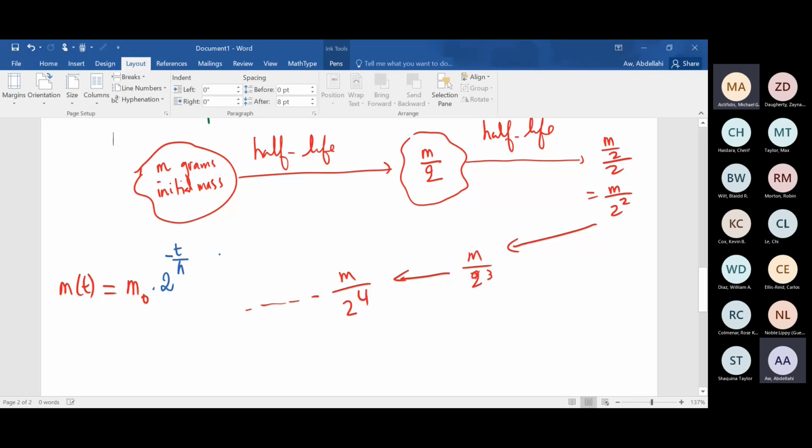The h is the half-life. You see here, you have one half-life h, this is 2 to the 1 power. And here we have two half-lives, it's 2 squared, right? Etc., etc.